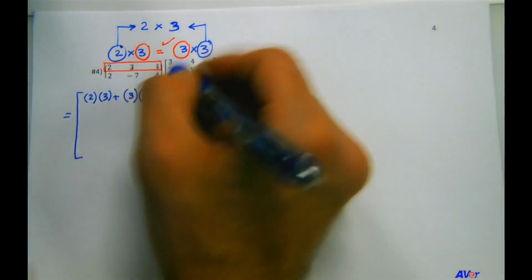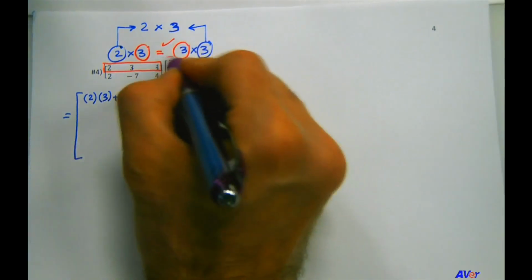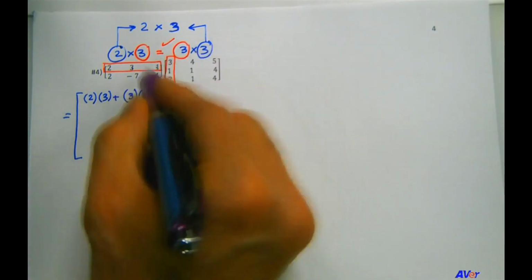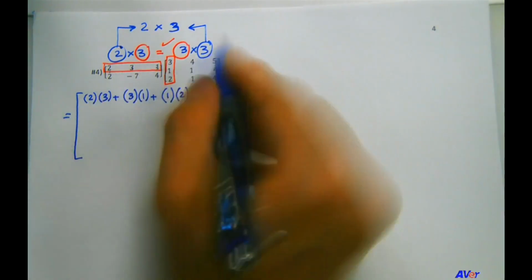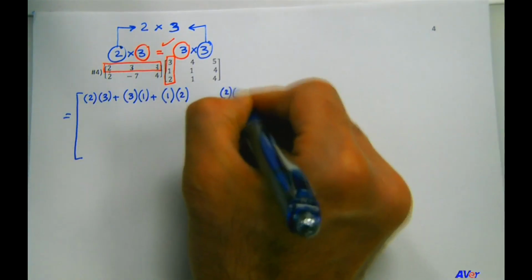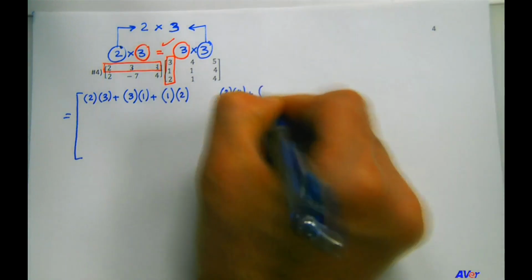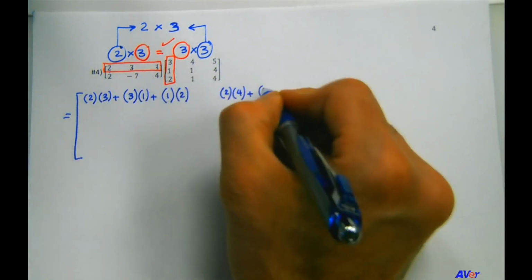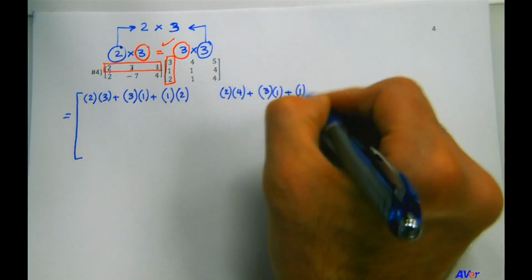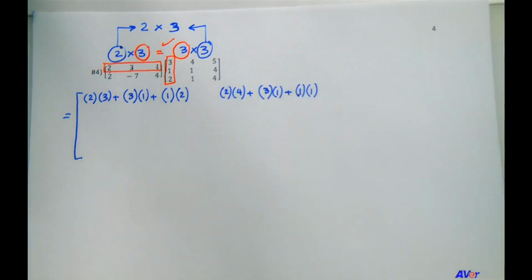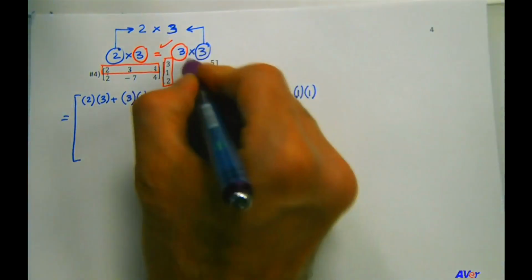We're done with the first column, so we move to the second column. 2 times 4 plus 3 times 1 plus 1 times 1. Okay, we're done with the second column.